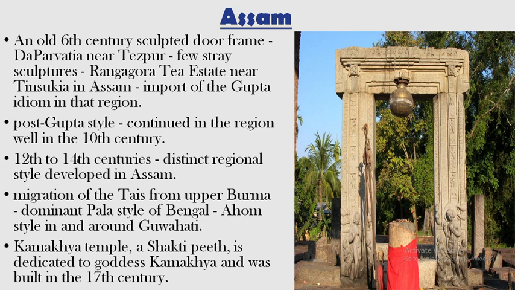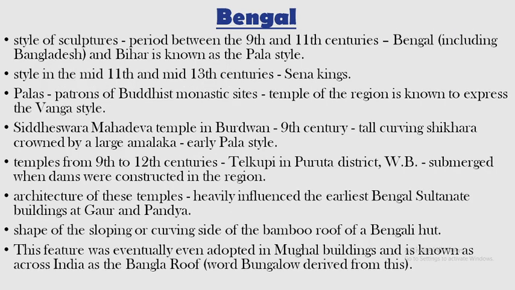They mixed their own style with the dominant Pala style of Bengal, and this led to the creation of what was later known as the Ahom style of temples in and around Guwahati region. So the best example is Kamakhya temple, which is a Shakti Peeth dedicated to goddess Kamakhya, and it was built in the 17th century. A best example of Ahom style of art and architecture in Assam region.